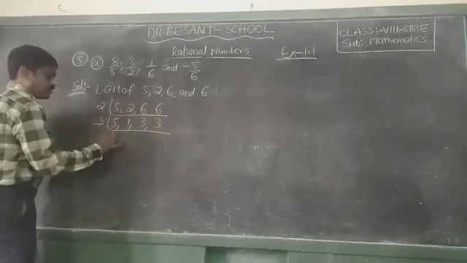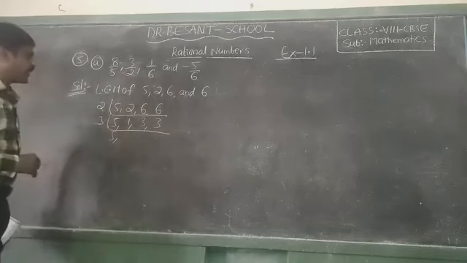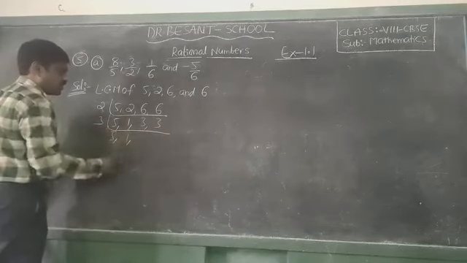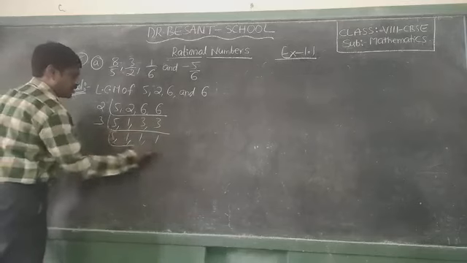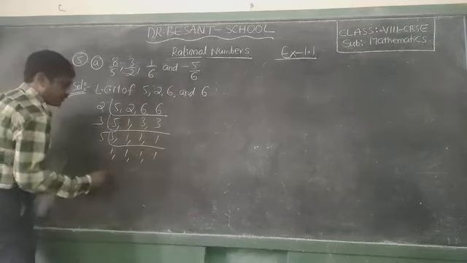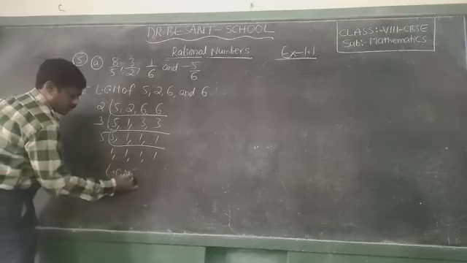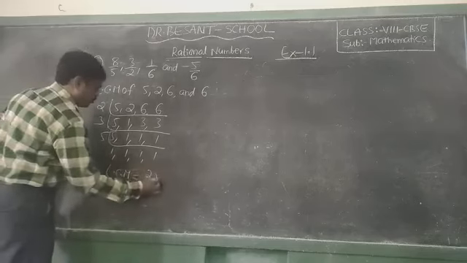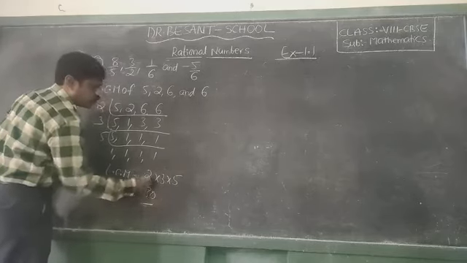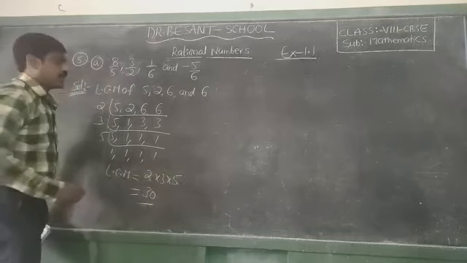Again 3, 5 is not divisible by 3, so that's why 5 only. This is 1, 3 1s, 3 1s. Next 5 1s. So LCM is equal to 2 into 3 into 5, 30. 2 3s are 6, 6 5s are 30.